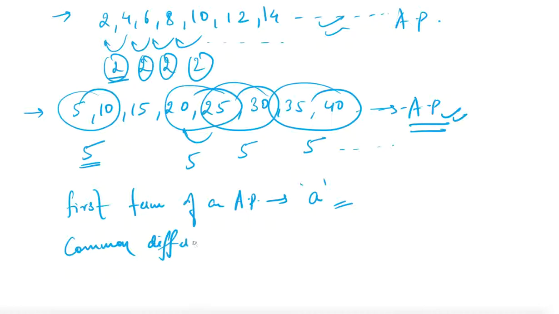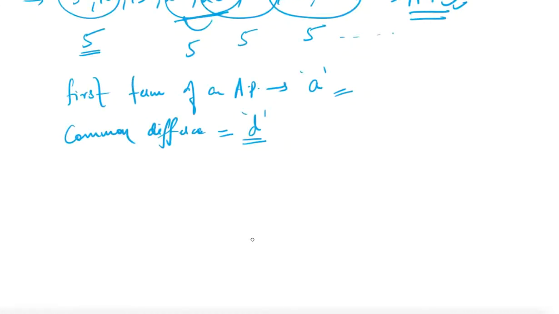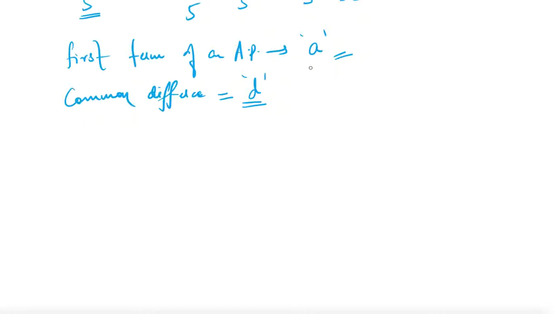The difference between any two consecutive terms, which is constant, is known as the common difference, and this is written as small d. So if I would like to write a general arithmetic progression using a and d, how can I write it?